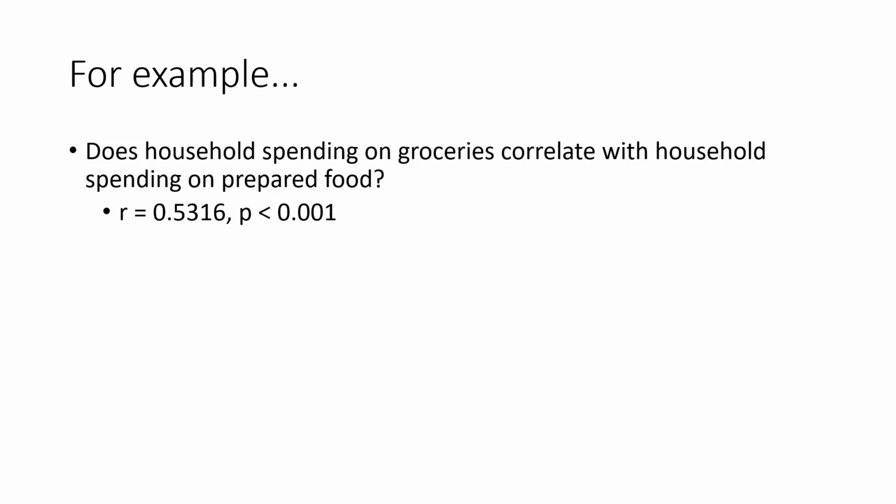We have clearly demonstrated that these two variables are related to one another. But does one cause the other? It makes sense that they relate, but to say that increased grocery spending causes increased prepared food spending, or to say that increased prepared food spending causes increased grocery spending, there's just no logic there.